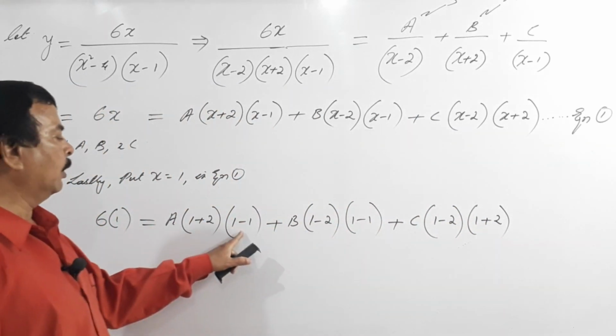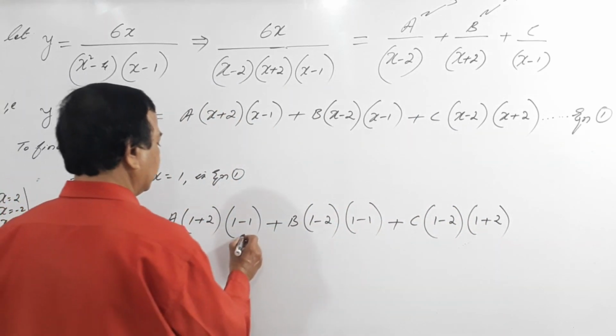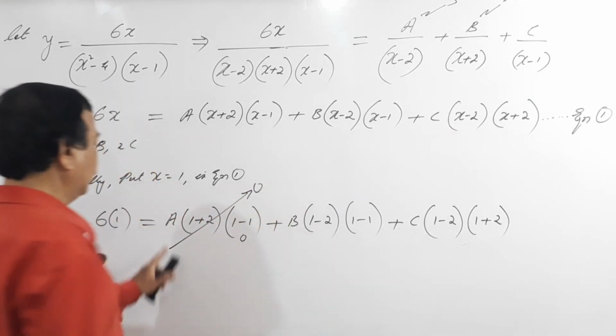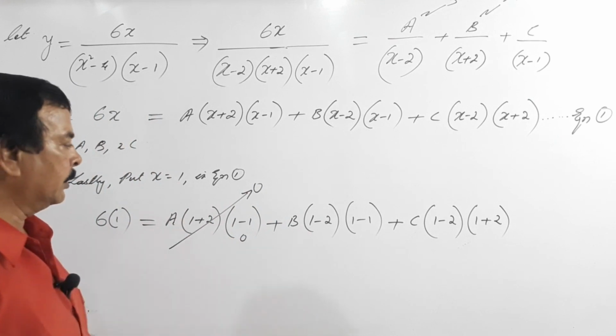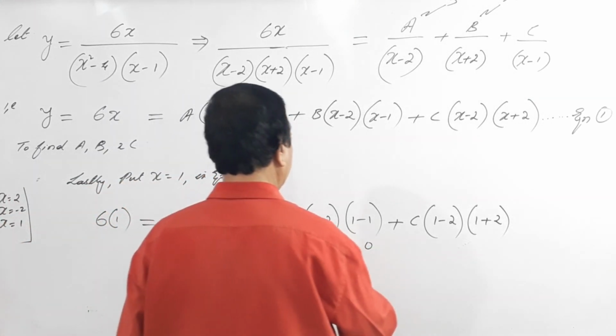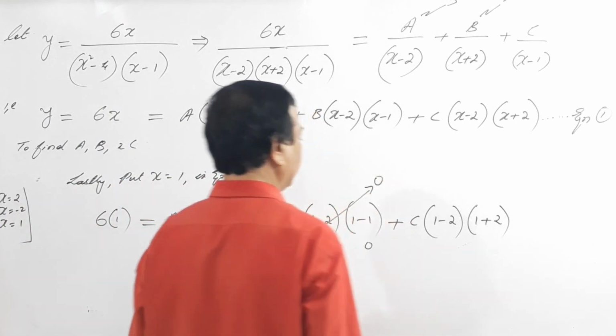So 1 minus 1 is 0, so the entire portion becomes 0. Once you multiply everything, this becomes 0. Here also 1 minus 1 is 0, so the entire thing becomes 0.